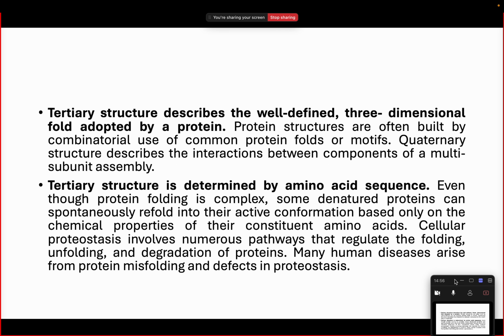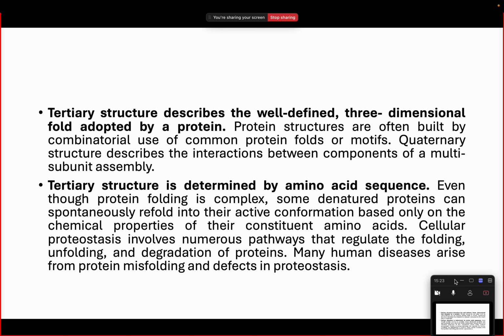Okay, so the tertiary structure describes the well-defined three-dimensional fold adopted by a protein. So protein structures are often built by the combinatorial use of common protein folds or motifs. Quaternary structure describes the interactions between components of a multi-subunit assembly. Tertiary structure is determined by amino acid sequence.